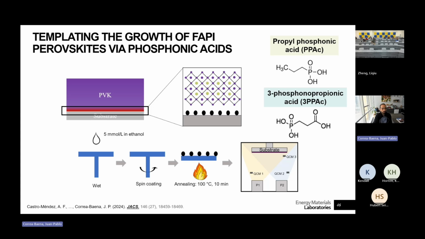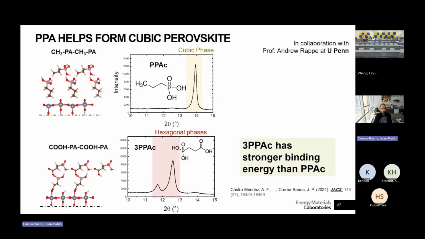Then we have these molecules standing right here. These molecules start to arrange themselves, and then we deposit the material. With those molecules, we were able to find the 14-degree peak. So this surface helped us grow the material that we wanted.